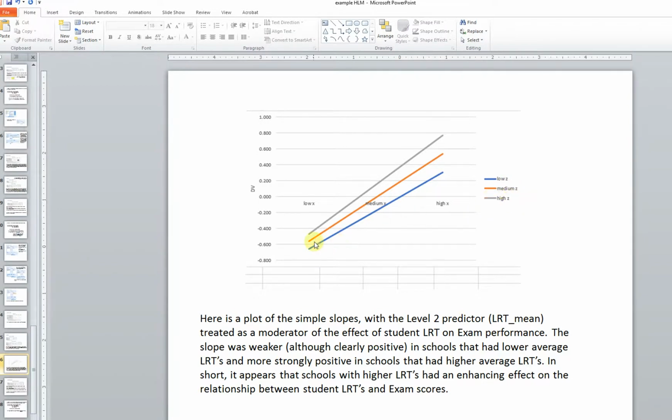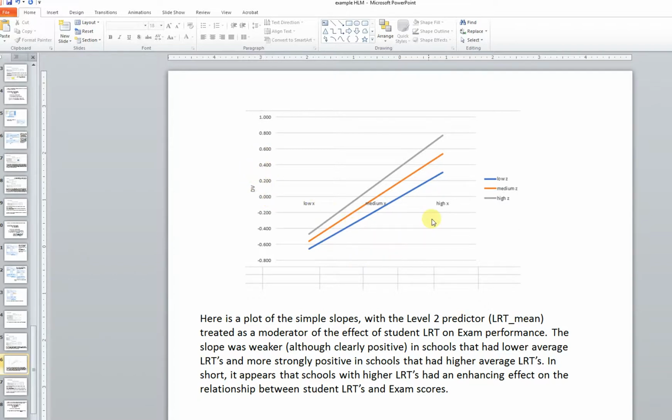And so you can see that the x-axis is levels of the London reading test scores at the individual level, or level 1, and the y-axis is the exam performance or exam score at level 1.